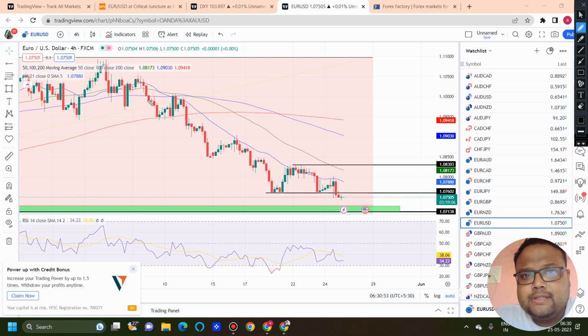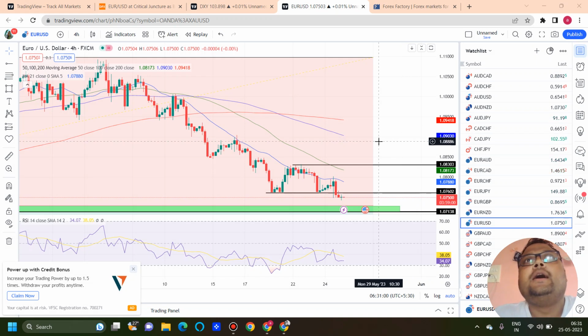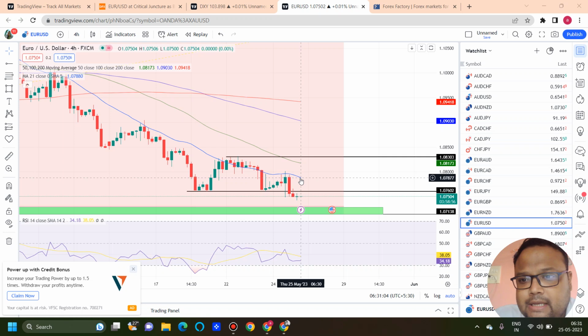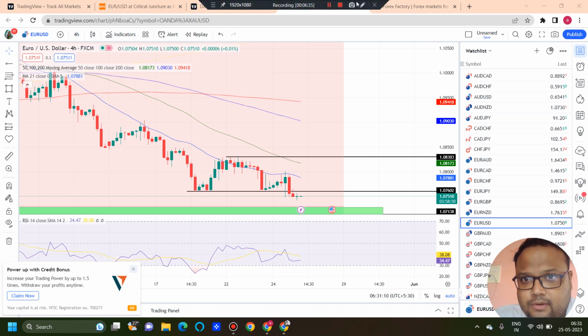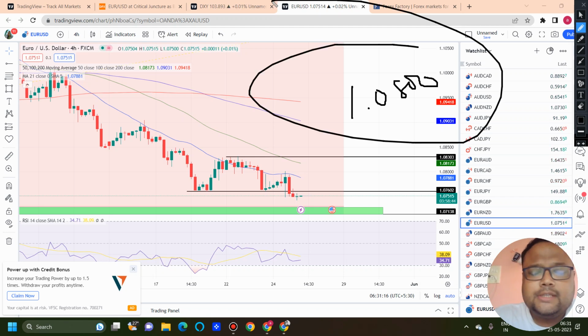As the moving average is a dynamic resistance, we do not have any exact number. We will only get to know in the live market. But still, you can expect the resistance to be around 1.0785, 1.0780, and the previous level of 1.0800 is also present as a minor resistance.